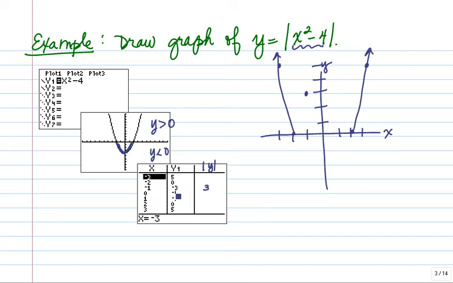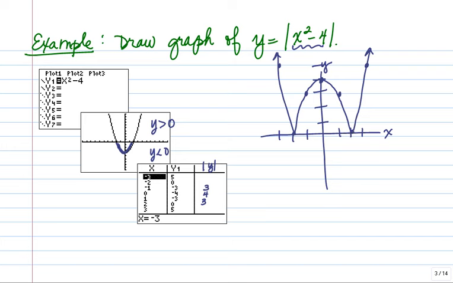At 0, my y value is negative 4, but the absolute value of negative 4 is 4. At 1, I was at negative 3, but the absolute value is positive 3. So do you see what's happening here? This piece got reflected across the x-axis.